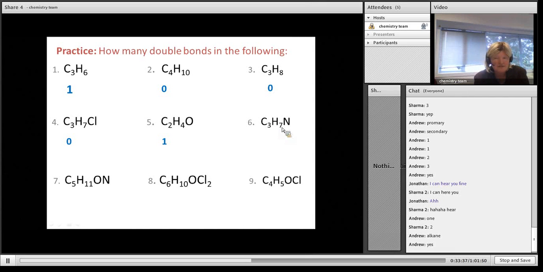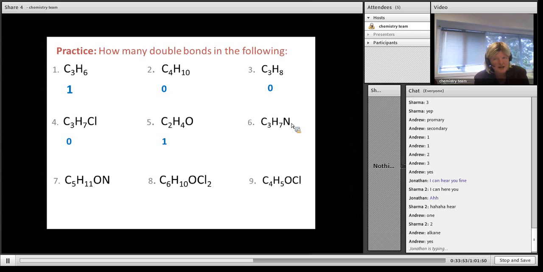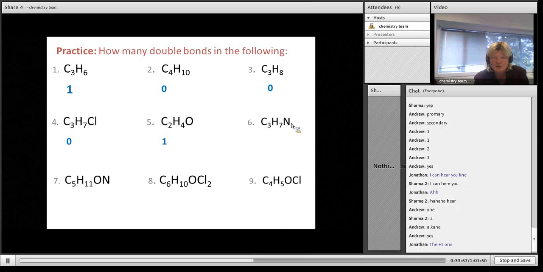But because I've now got a nitrogen in it, you've got to say, does it follow CnH2n plus 3, or CnH2n plus 1, or CnH2n minus 1? Sorry, CnH2n, yeah, plus 1. Yeah, the plus 1 one. So it has the 1 double bond, correct.